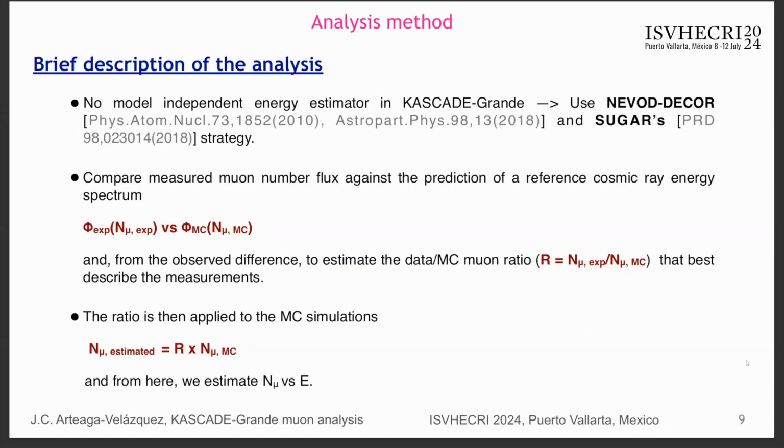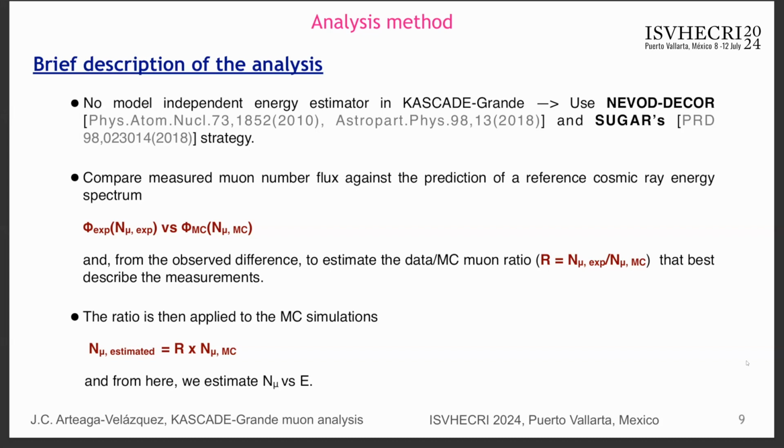So in KASCADE-Grande, we don't have an independent primary energy estimator in order to get the calibration of the primary energy independently, as, for example, in the case of Auger, which has the measurement from the fluorescence detector. So in order to estimate the number of muons as a function of the primary energy, we apply a technique introduced by Nebo, Decor, and Sugar.